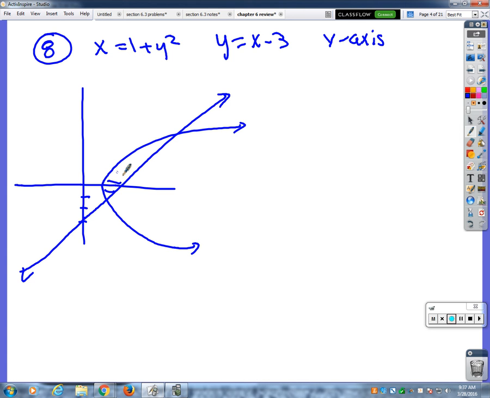So I'm taking this right here and rotating it around the x-axis, okay? First we need to do our limits of integration. So I'm going to plug this into here and then solve for y. So y equals 1 plus y squared minus 3.